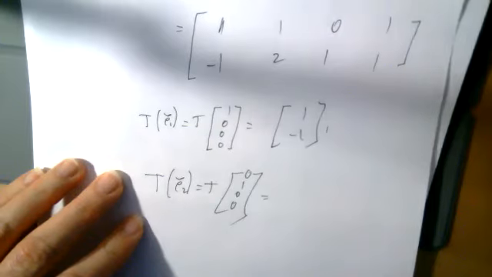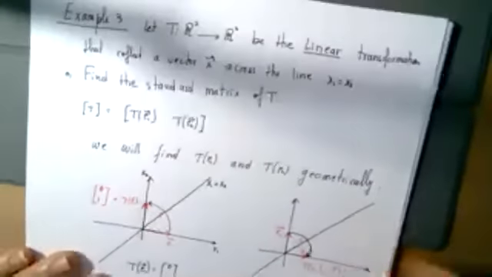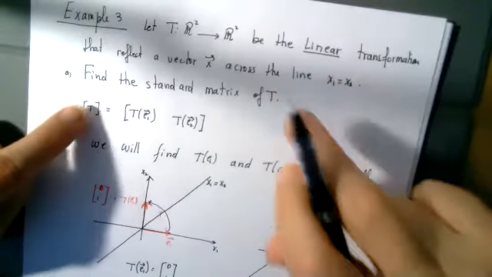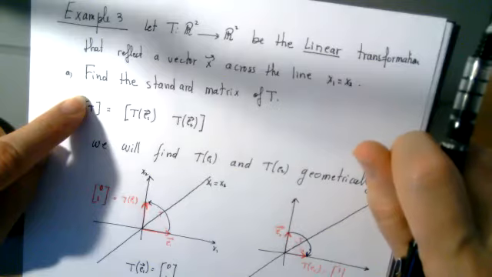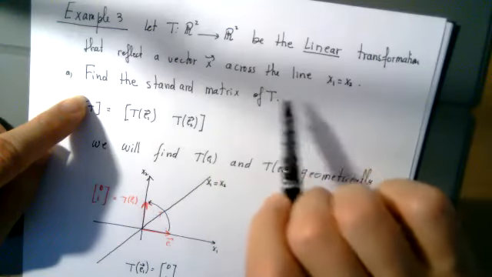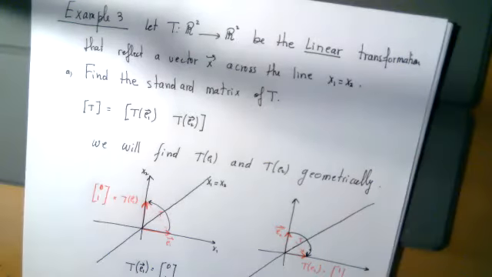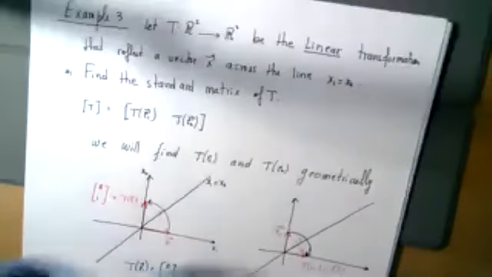All right, now more interesting problems. Okay, now I'm going to take the following. Let T from R2 to R2 be the linear transformation that reflects a vector across the line x1 equals x2. So now I'm taking a more geometric type of transformation.